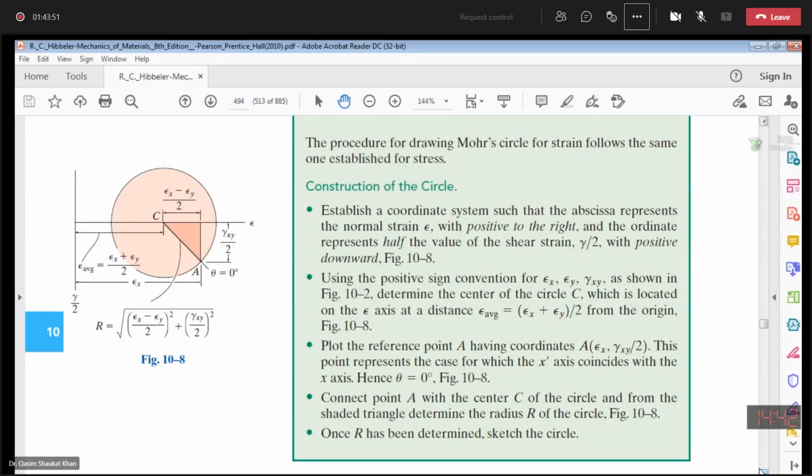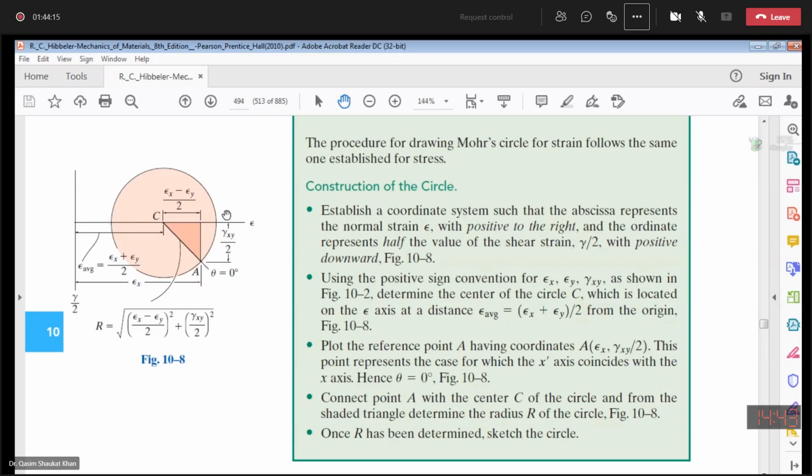Okay. Now, next thing is we have to calculate the principal strains. We know that principal strains will occur over the principal planes over which your shear strain values are 0. So we know that over the horizontal normal strain axis, shear strain is 0.